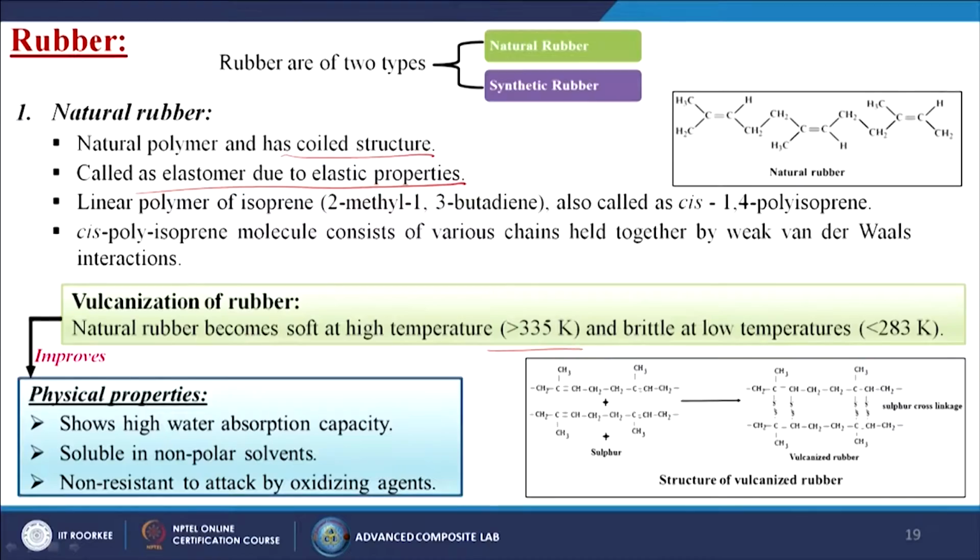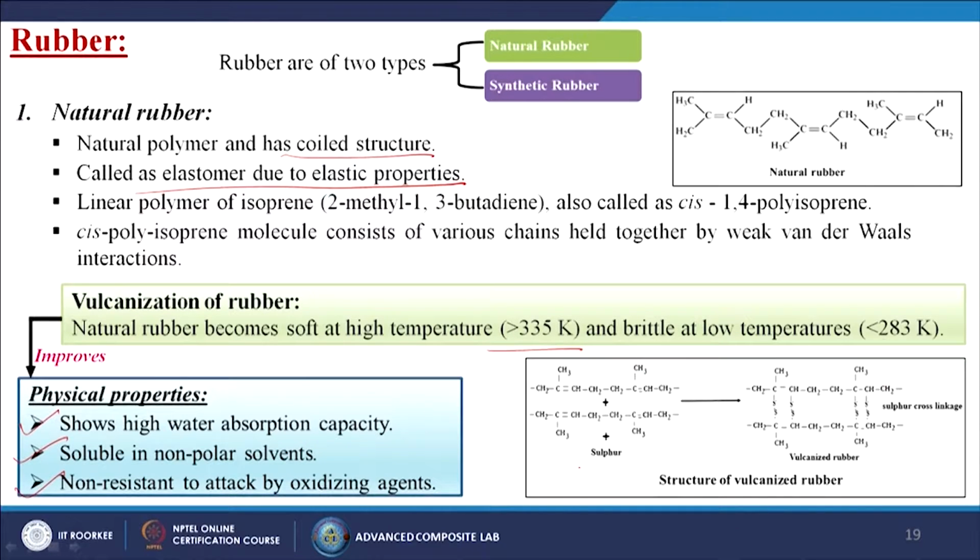Generally, natural rubber becomes soft at high temperature, more than 335 Kelvin, and brittle at low temperature, generally less than 283 Kelvin. Vulcanization improves the physical properties. Natural rubber shows high water absorption capacity, is soluble in non-polar solvents, and has no resistance to attack by oxidizing agents.